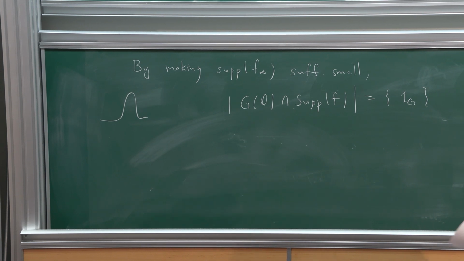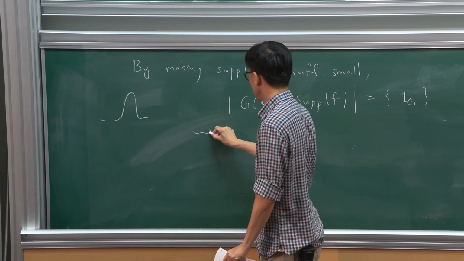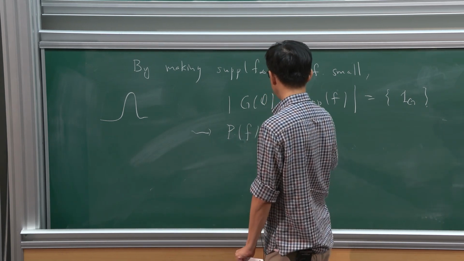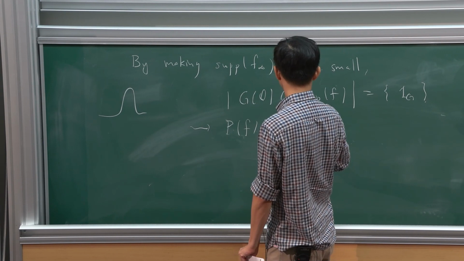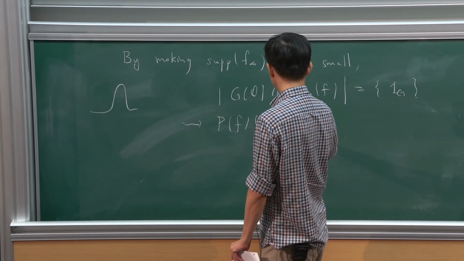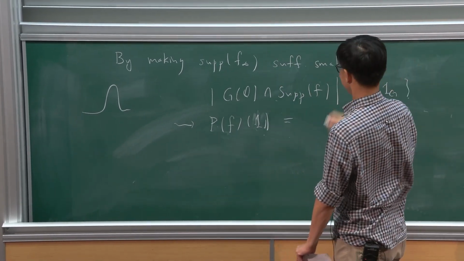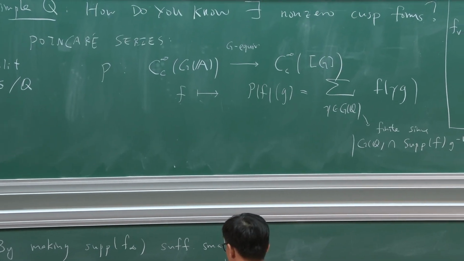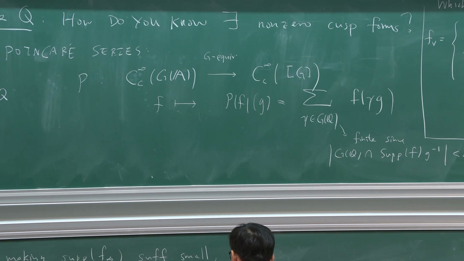And so this means that for this particular F, the value of PF at 1 is a sum with just one term, the identity. So it's F(1), and that's not 0.